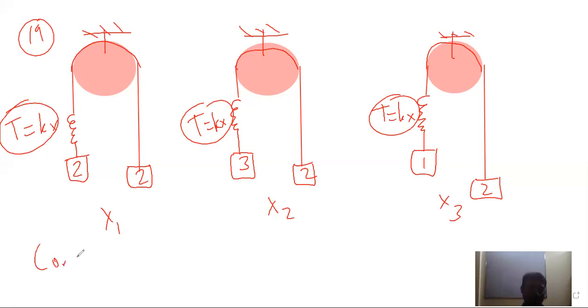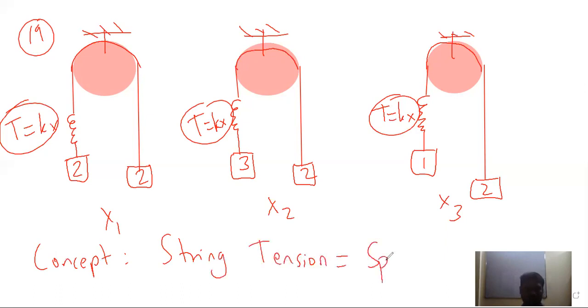So the concept involved here is this: tension is equal to Kx. So whichever spring has the highest tension will have the highest extension. So in effect, we have to find the value of tension. Whose value of tension is greater, that will have more extension.